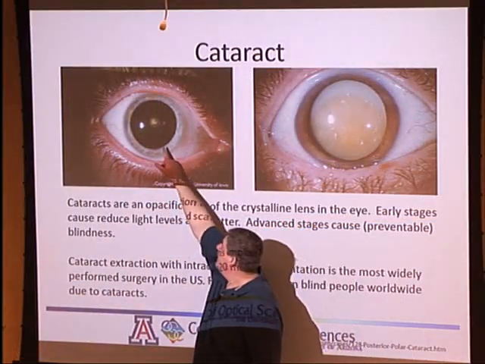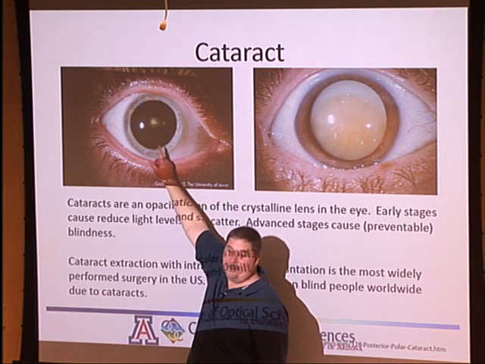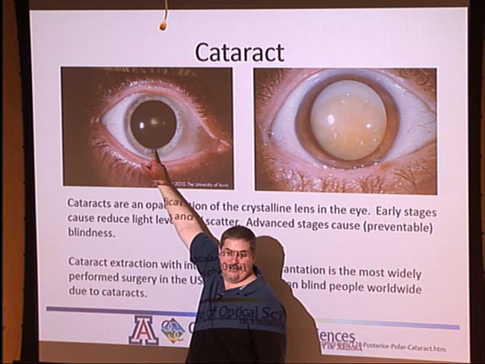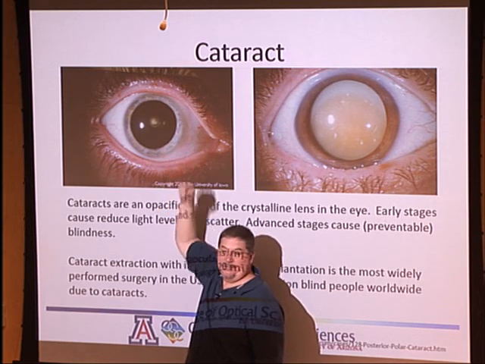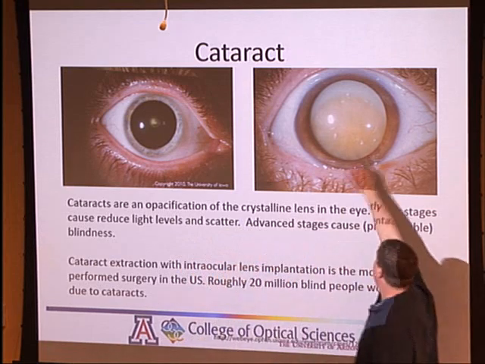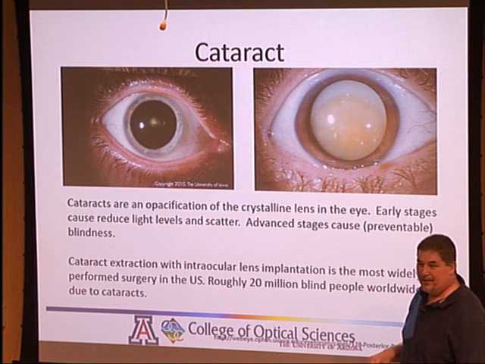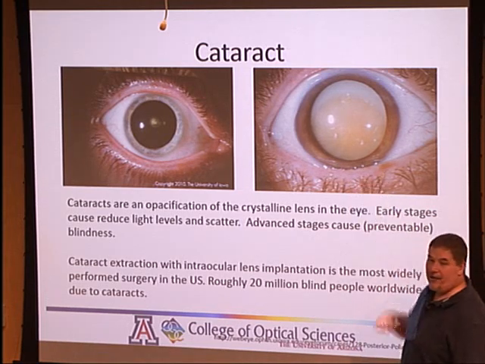Typically, in the Western world, we'll get something like this, and the doctor will go, "Oh, you need cataract surgery, and we need to take out that lens, and we'll replace it with an artificial lens." A lot of other places in the world don't have the same access to healthcare that we do, and the cataract may look like this.